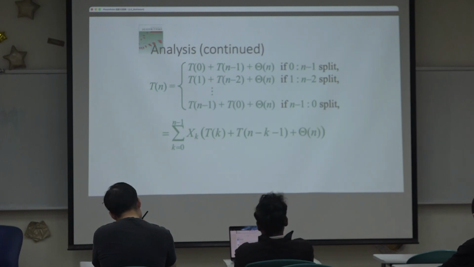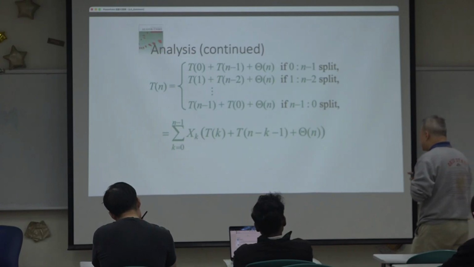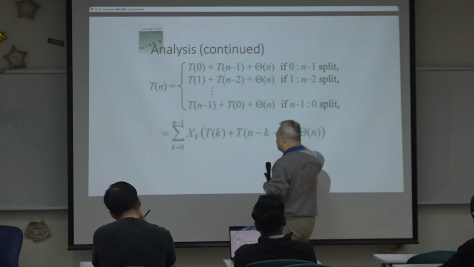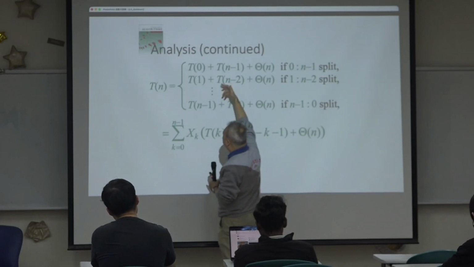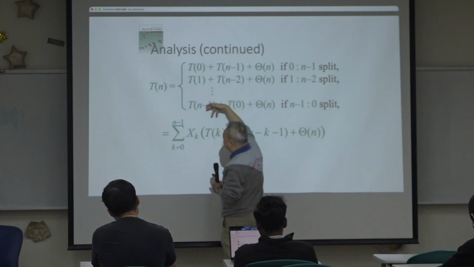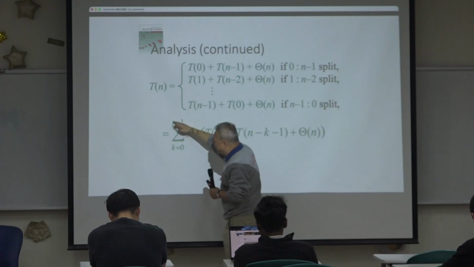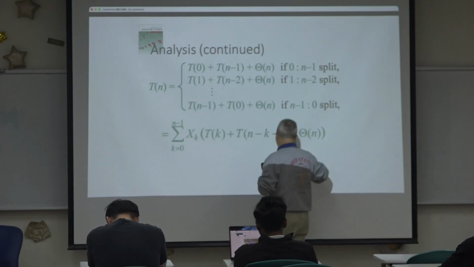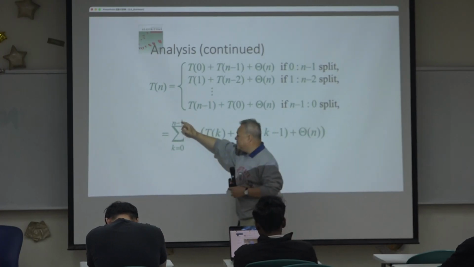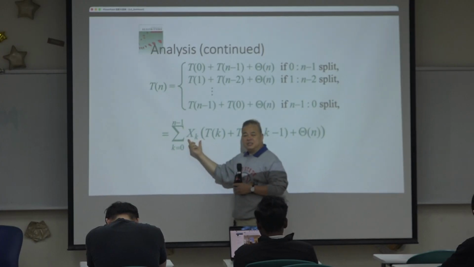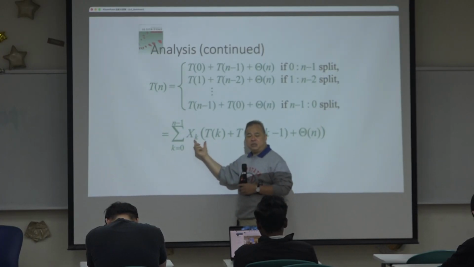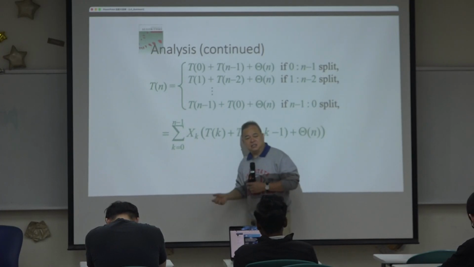All the others will be 0. So at the end, it could be any of these cases, and you can write it into one single formula like this. That's why we need to introduce this indicator random variable.